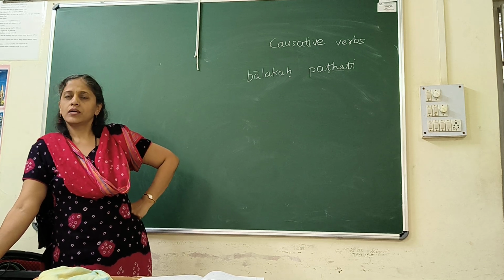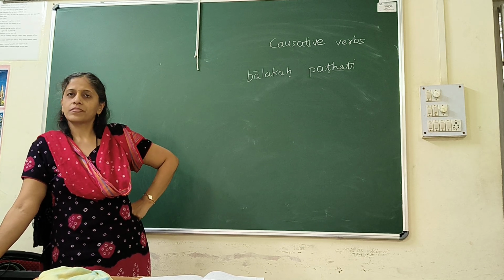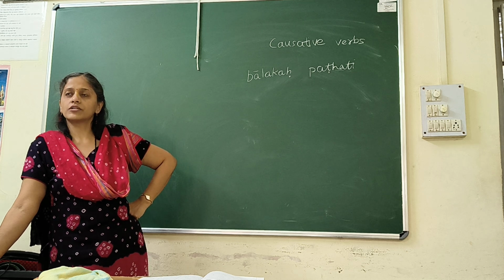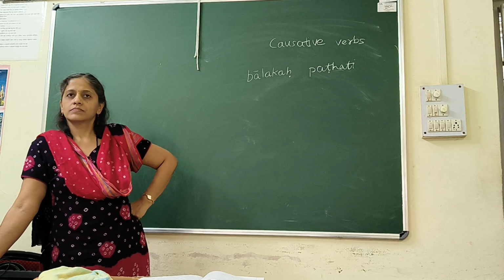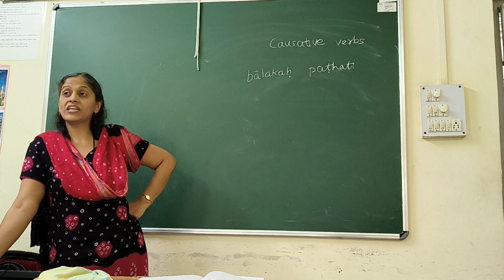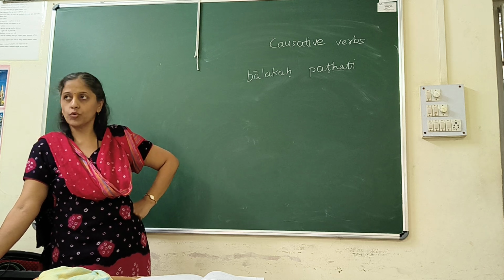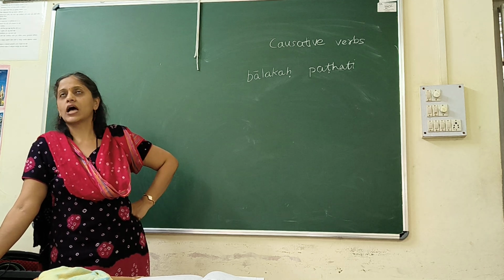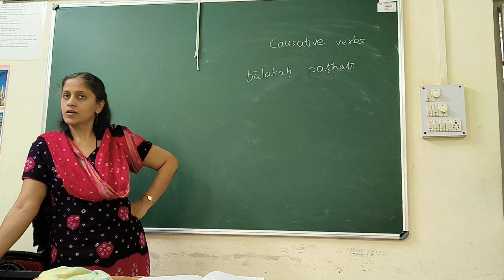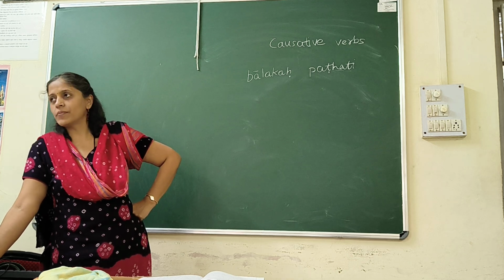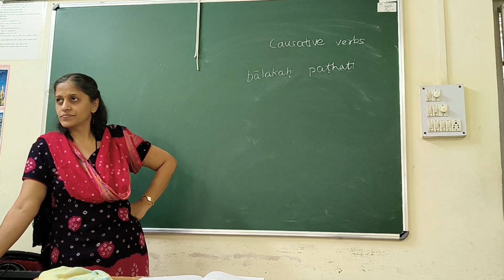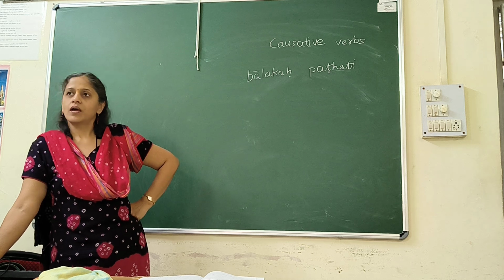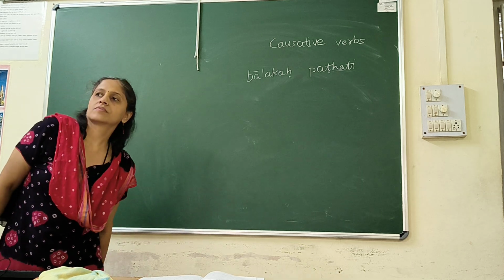Now tell me, in this sentence, how many words are there? 2 words. How many verbs are there? 1 verb. So obviously 1 verb and 1 noun. What is the verb? Pathati.